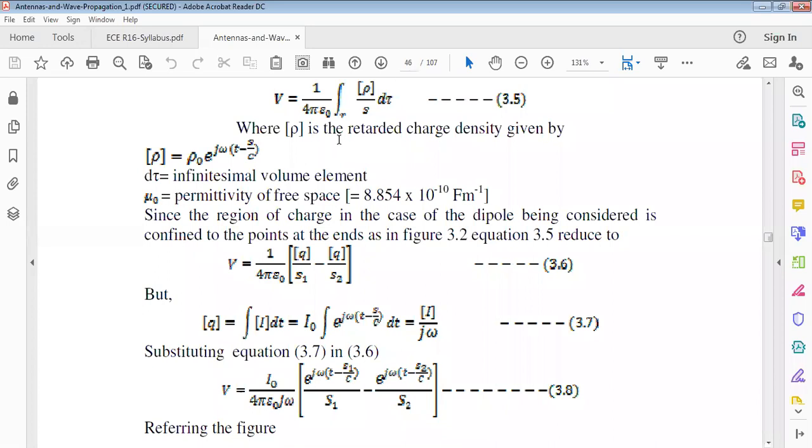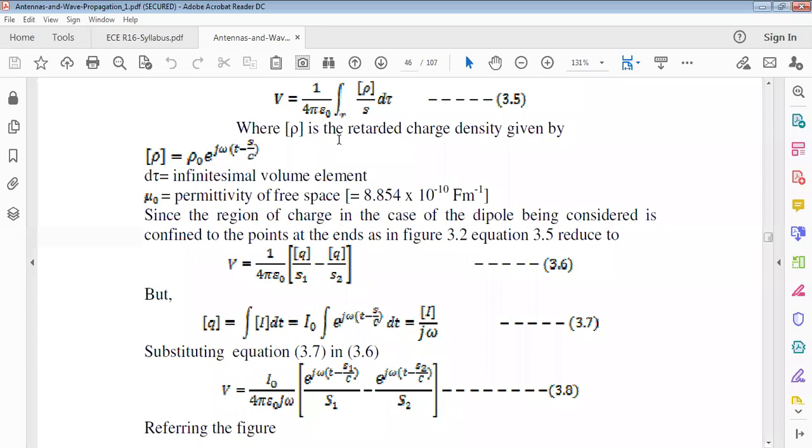From that expression, we have defined the retarded magnetic potential and electric potential expressions. From E equals minus del V we derived one expression, and from B equals del cross A we derived another expression. Of course, you may be unable to follow those derivations, but I want to give clear notes.